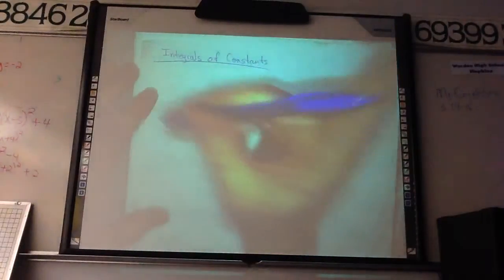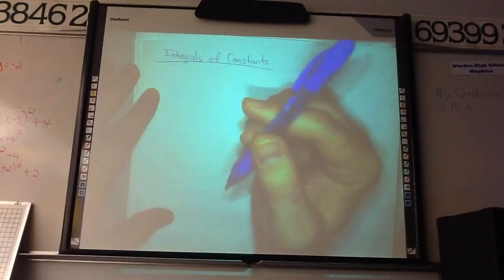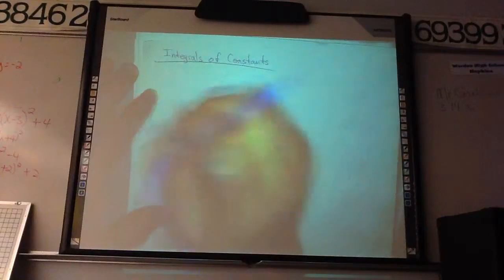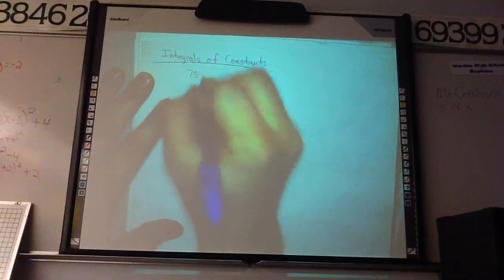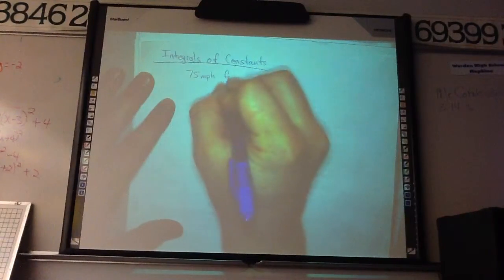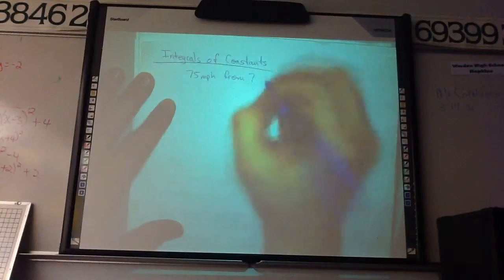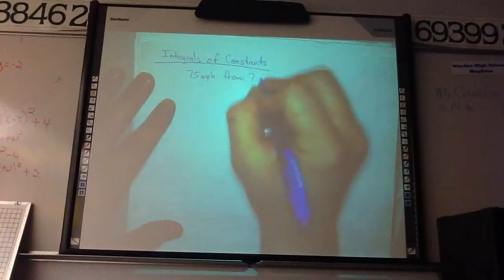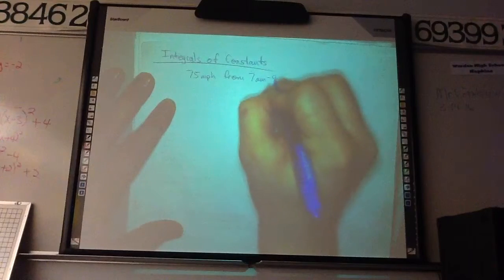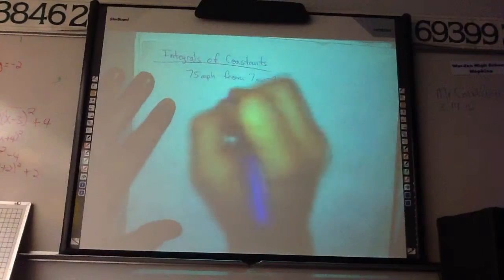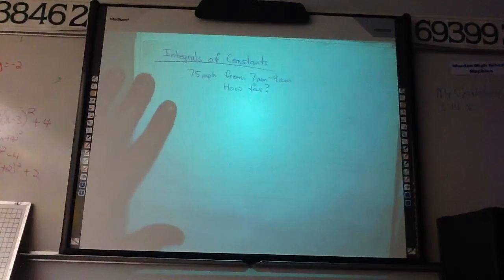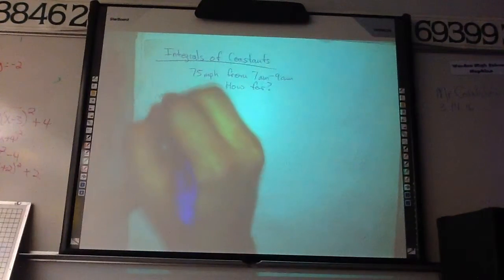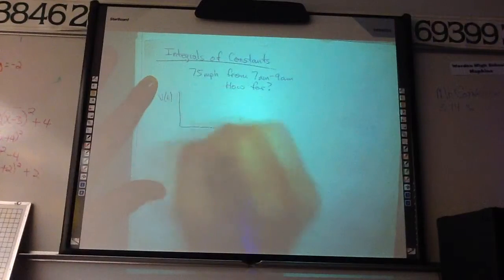So for that train problem, what would our function be that we would be using? Remember, I told you it was going 75 miles per hour from 7 to 9. It doesn't matter what time. Then we figured out how far. Really easy answer, but there's a whole bunch of different ways to do it. And we graphed it, right? We graphed the velocity function versus time.